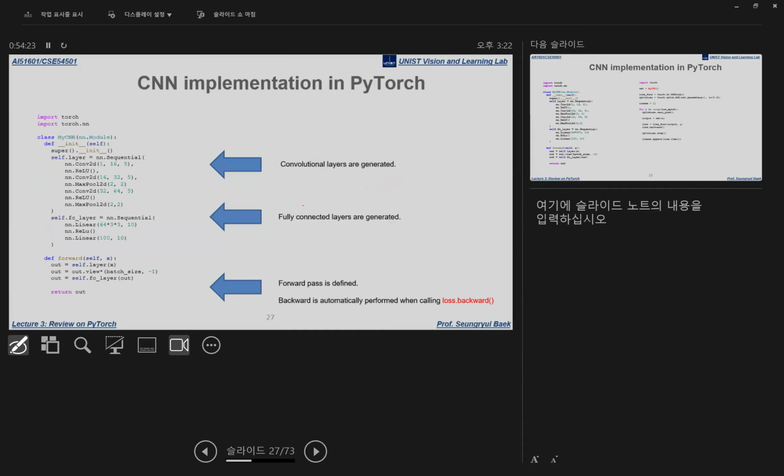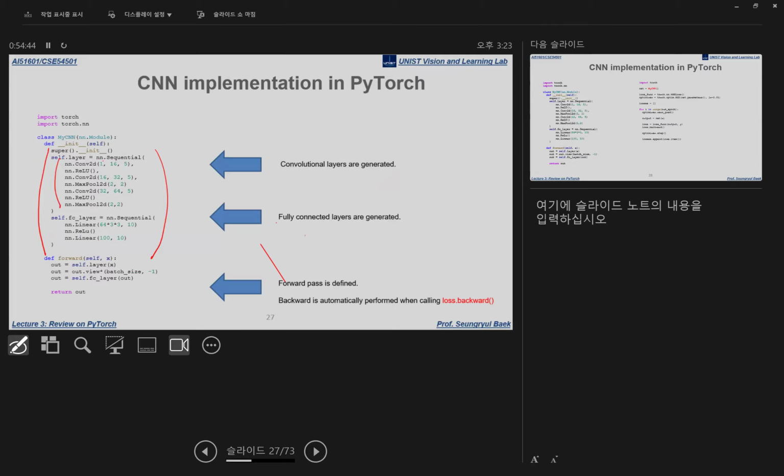So we normally implement the network structures here, because those parts are executed once when initializing the instance of this class, okay? So this is implementing the convolutional layers.